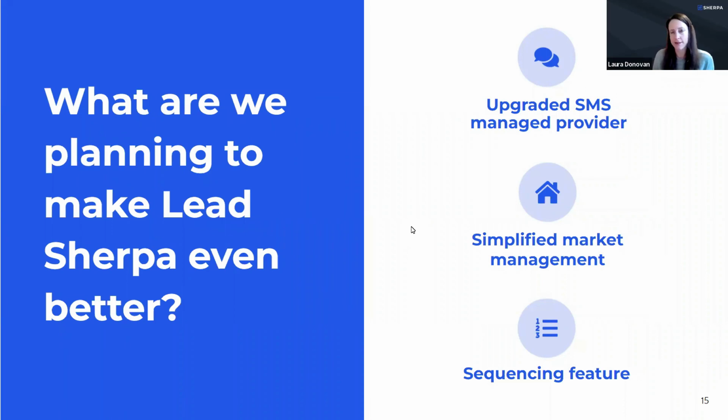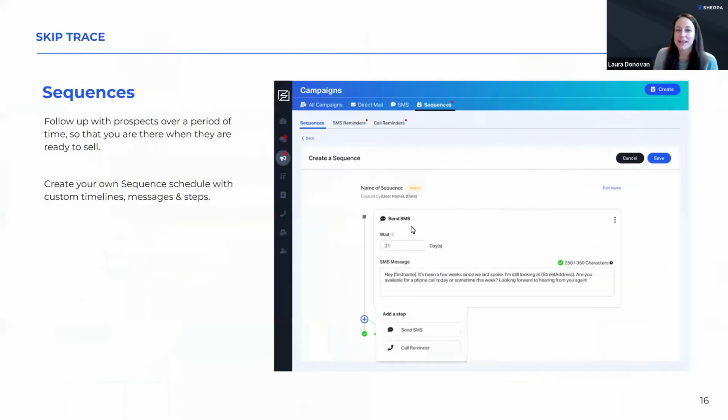And then finally, we do have a sequencing feature coming about. What sequences is, and we do have a little sneak peek preview here, this is still in the testing phase. But just to give you a little idea, this is going to allow you to essentially push specific prospects into a sequence, and then that sequence will play out as you've set it up.